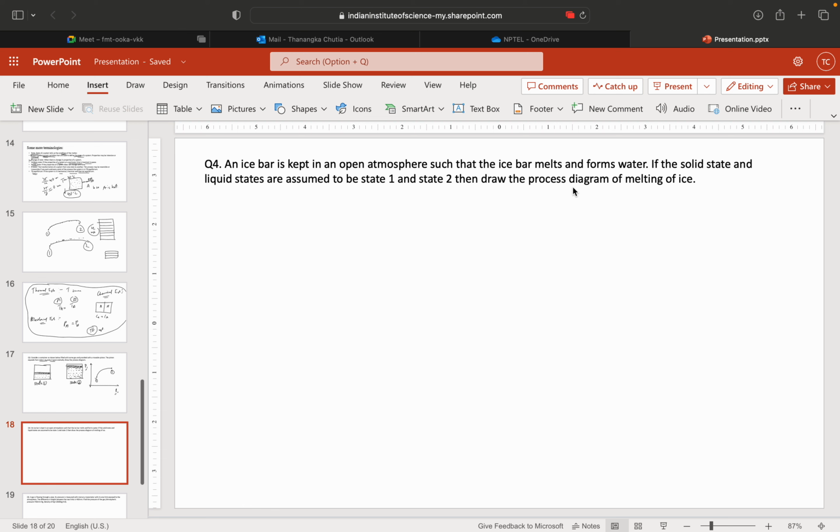If the solid and the liquid states are assumed to be state 1 and state 2, then you have to draw the process diagram of melting of ice. Can you try? You should not mention any temperature, you should not mention any pressure, you should only draw two parameters P1 and P2, and you should show the diagram for going from state 1 to state 2.